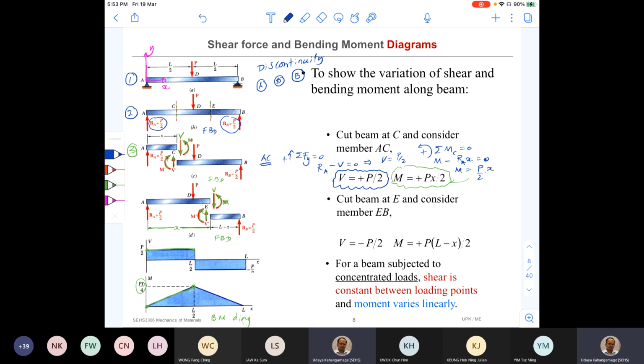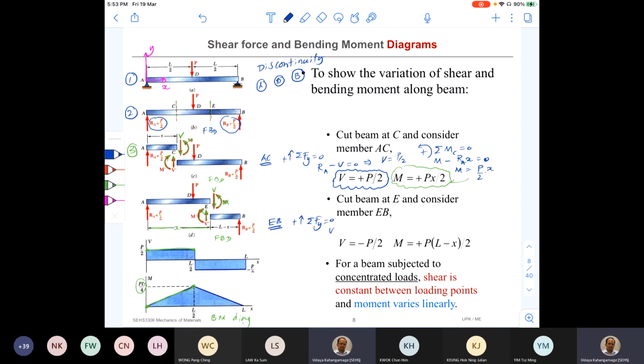So I'm going to write from E to B, apply again equation of equilibrium. So there, I'm going to take the positive moment as this way, and then apply my equation of equilibrium in y direction, Fy equals 0.